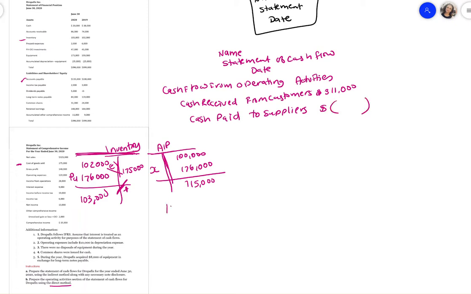You take 100,000 plus the 176,000 minus your 115,000, and that will be the cash we paid for our inventory. So 100 plus the 176,000 minus 115,000 will give me 161,000. So cash we paid to the supplier is 161,000.